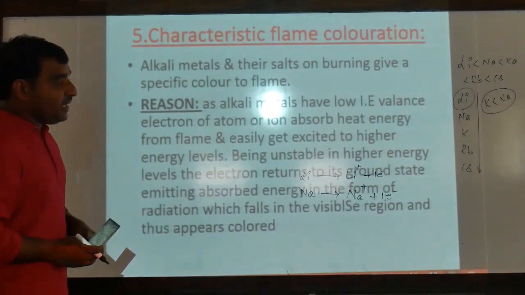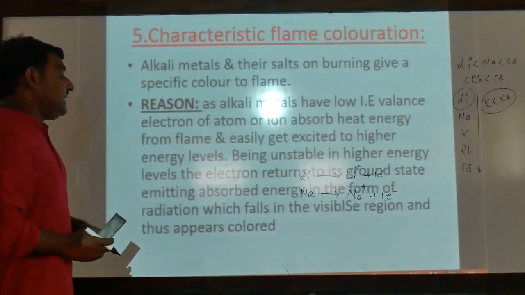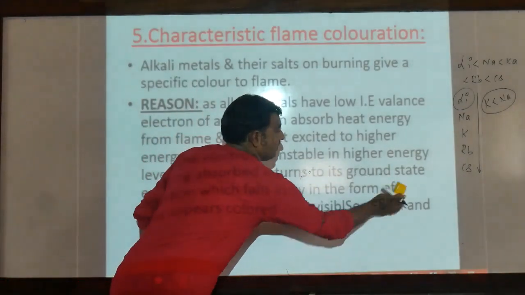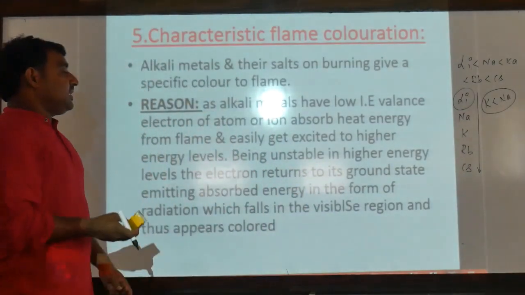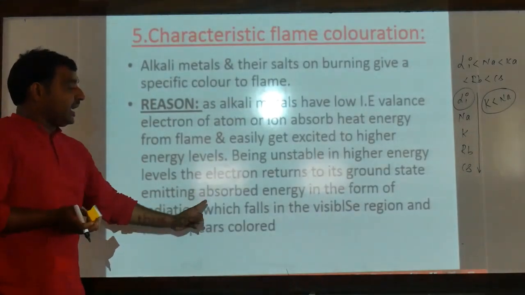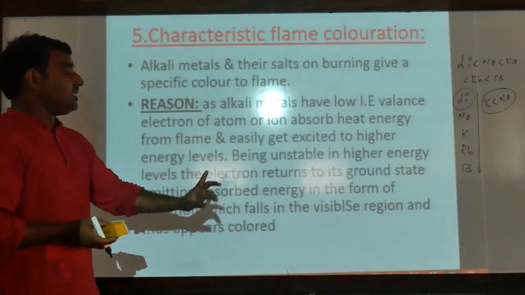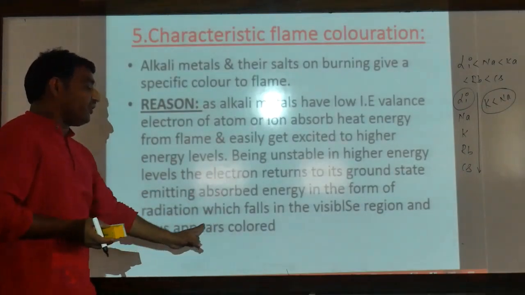Being unstable in higher energy levels, the electron returns to its ground state, emitting the absorbed energy in the form of radiation, which falls in the visible region and thus appears colored.